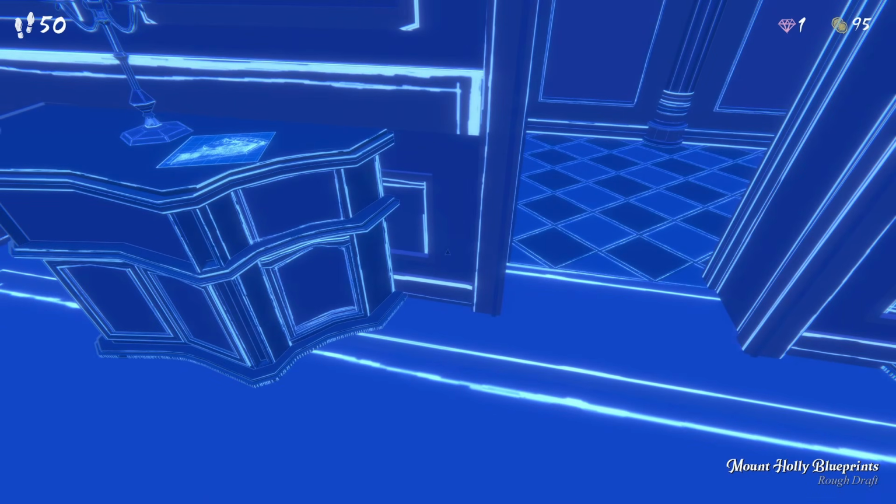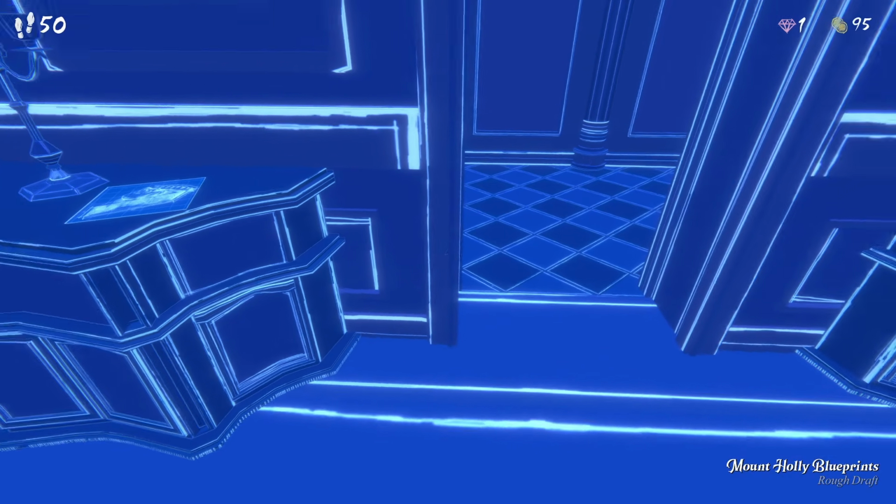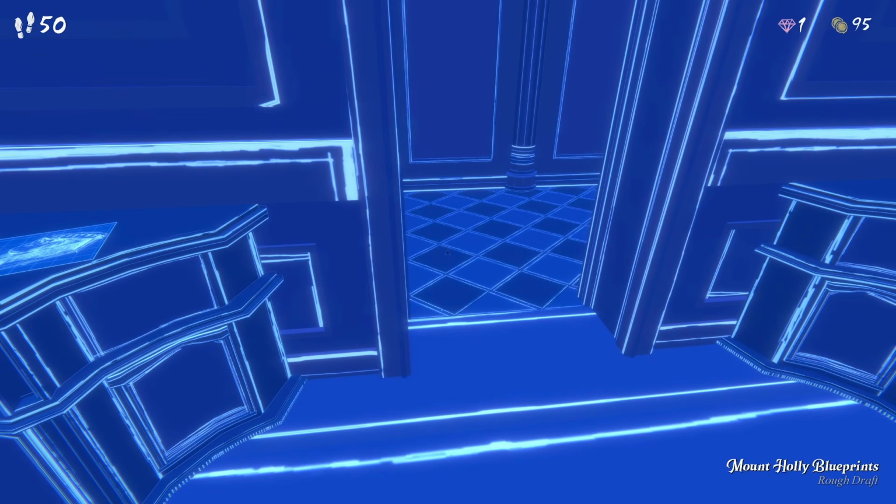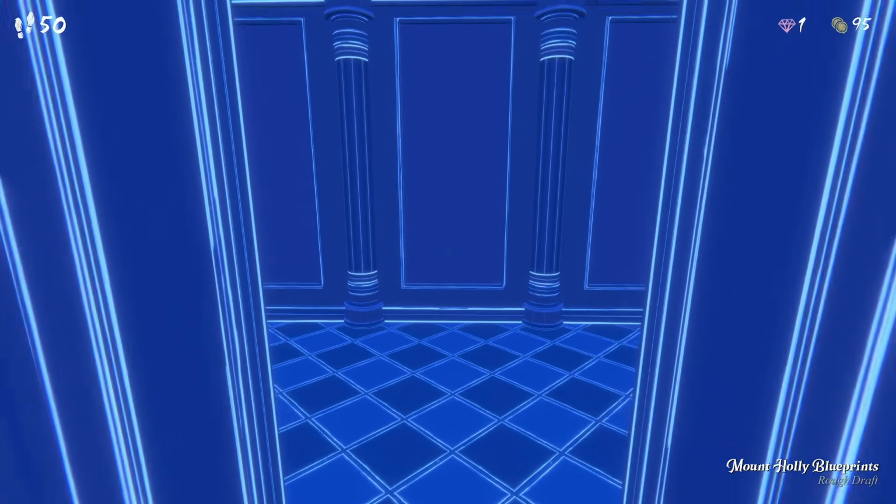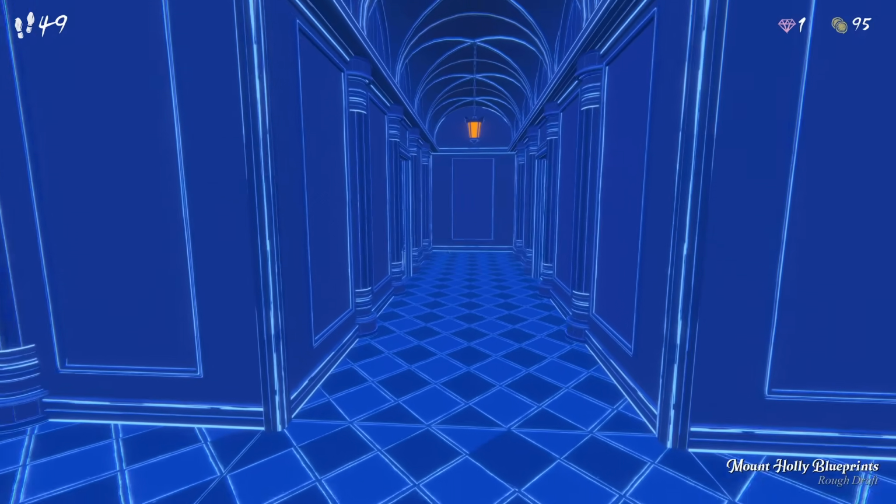Okay, well, there we go. That's nice and easy. How did I not figure it out from that? Am I that stupid? I think I looked in this room before I had figured out the drawing thing again, which is so silly.